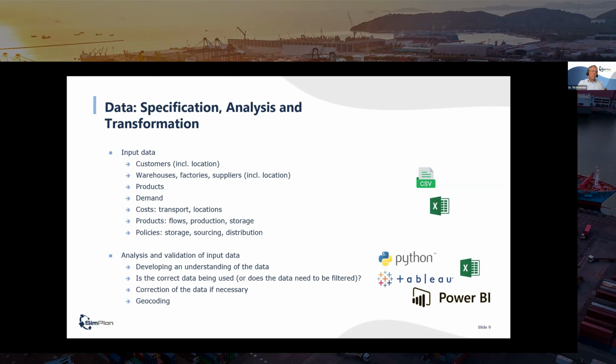So, for example, if we get back from the geocoder latitude, longitude 0,0, then there's something going wrong. Or if we have country information, we can check if the determined location is within the correct country. So these are checks we do in case of the geocoding before we go into anyLogistix. And for that, we mainly use, as already mentioned, Python. In case of analysis, we use Excel, Tableau, or Power BI.